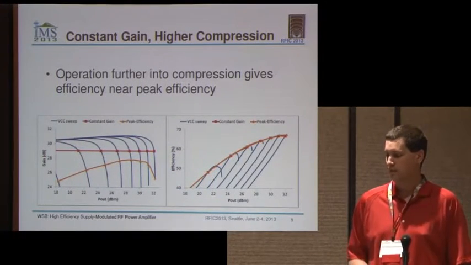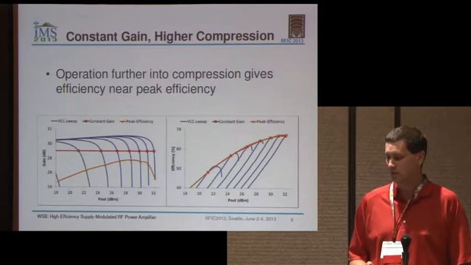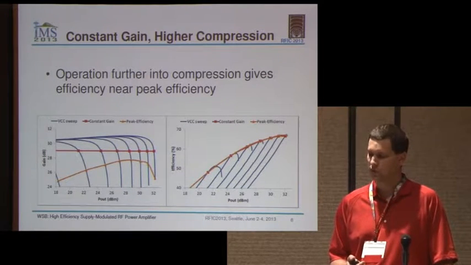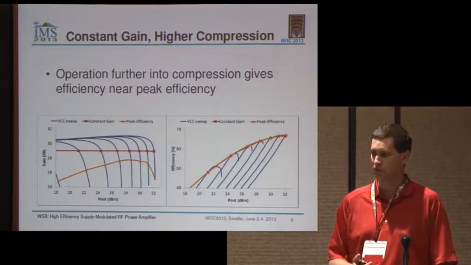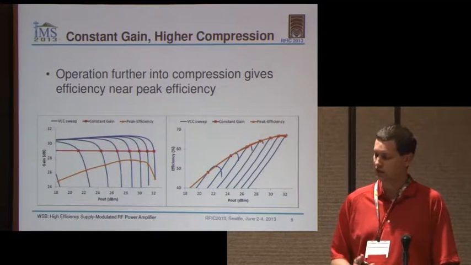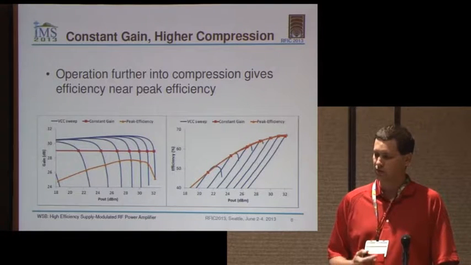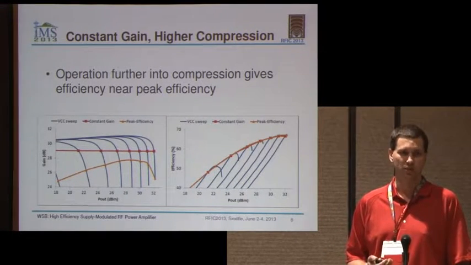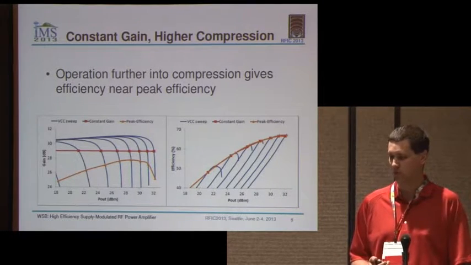Now, typically the PAs are probably going to have the best efficiency when they're operated 2 to 3 dB into compression, but there are trade-offs in the system as you go further into compression. We saw this morning how it makes it more difficult for the ET modulator in terms of noise performance and some other performance parameters.